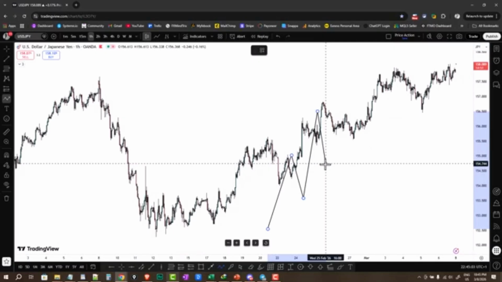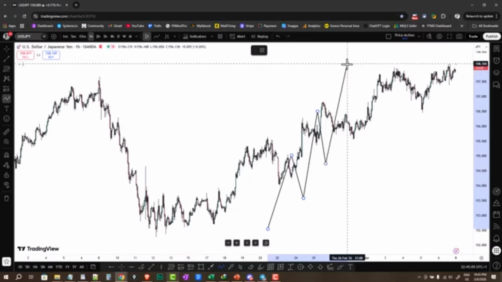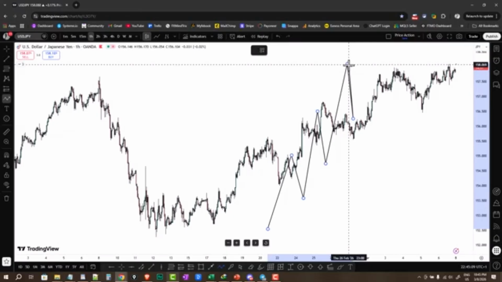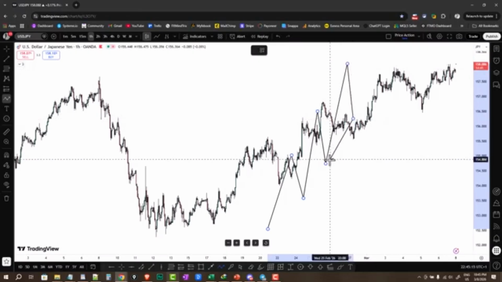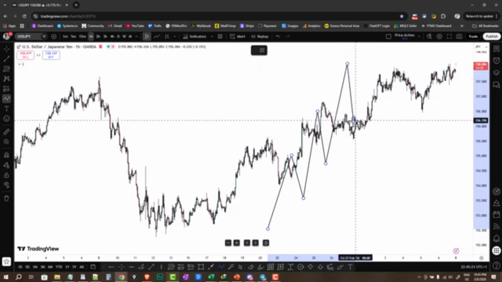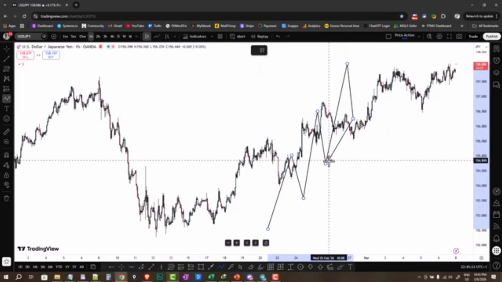So it's usually going to be forming higher highs and higher lows. I say higher highs because this high compared to this high is actually higher, and this pullback compared to the previous pullback is actually higher. So this is a higher high because it's higher than the previous high, and this is a higher low because it's higher than the previous low.